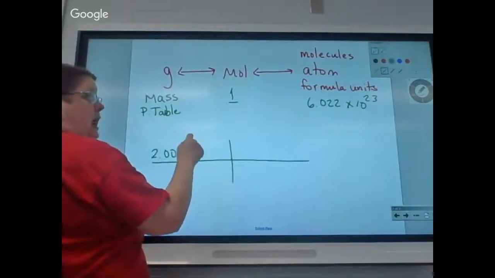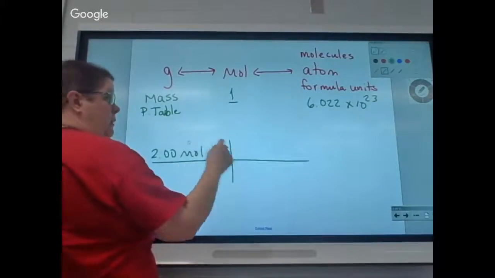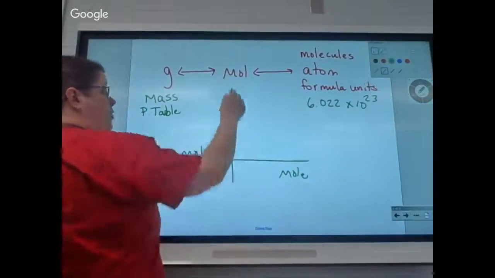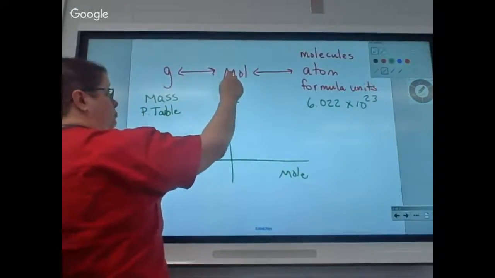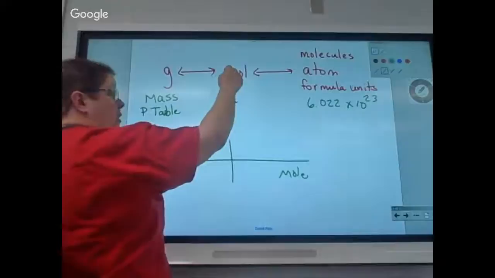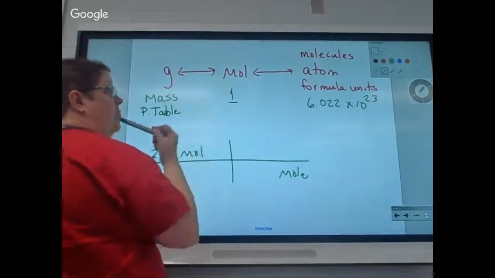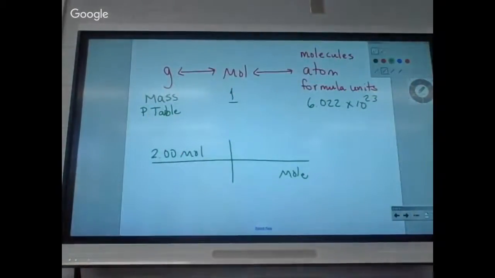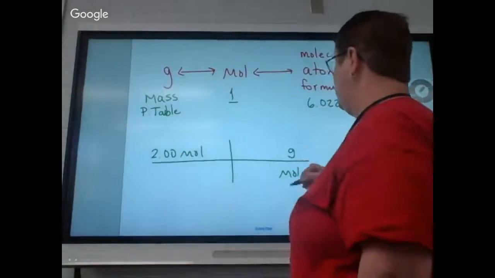If moles is on top, what has to go on the bottom? Moles, because that's got to cancel. So, we can either go to grams or we can go that way. What did the question ask for? Grams. How many grams? So we're going to put grams on the top line because that's what the question asked us for.